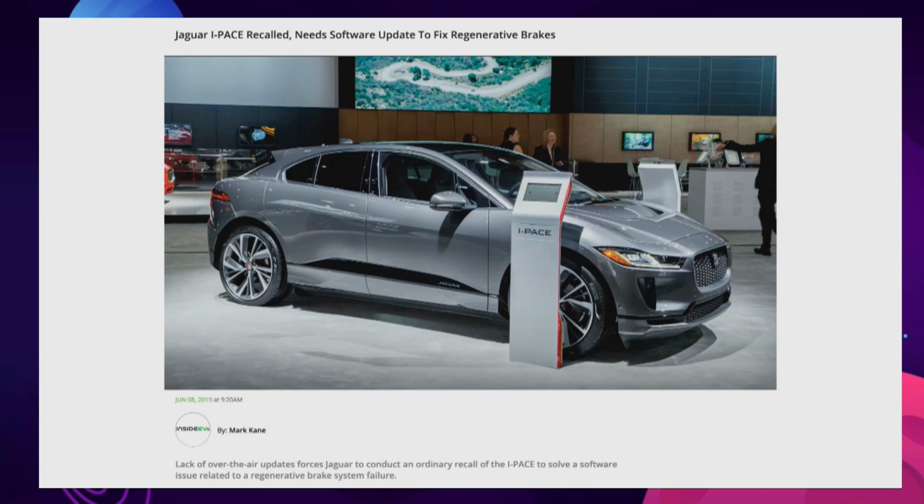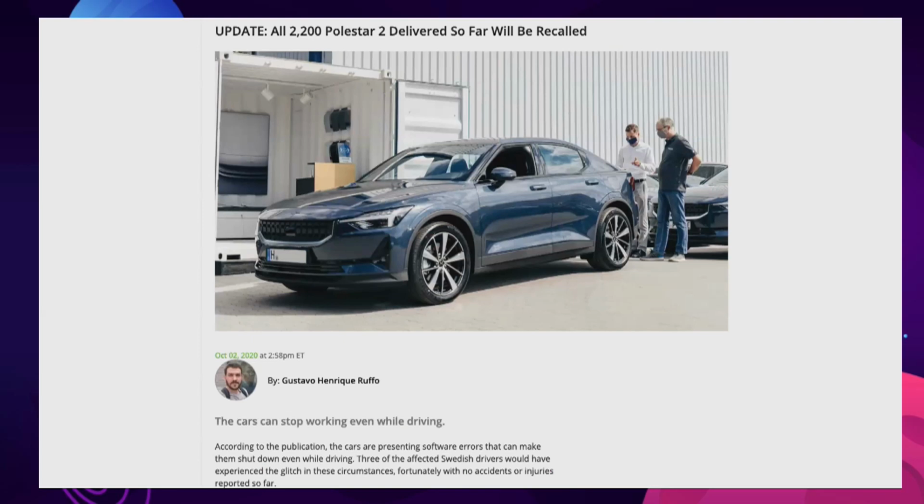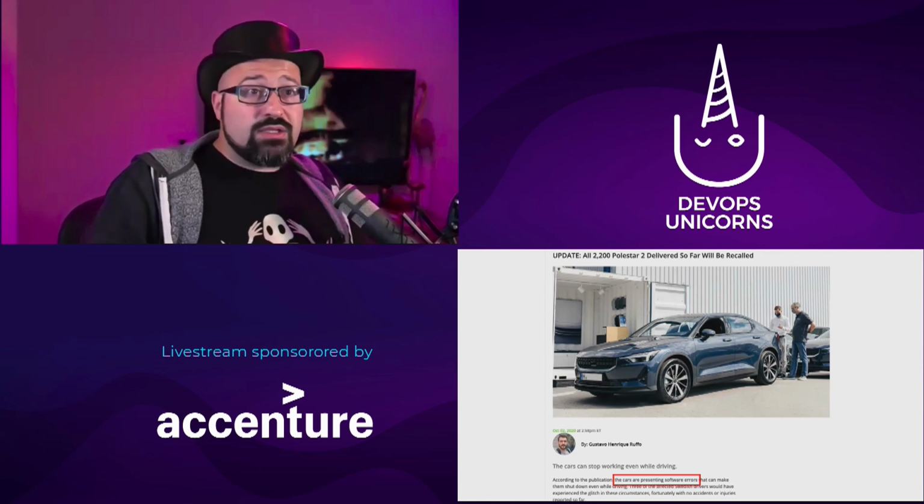And you might say, well, that's important, needs to be fixed. Another very similar example happened this year, in October. Another great electric car, the Polestar 2, had to recall all of their cars that had been sold because of software errors. Again, they had software bugs.